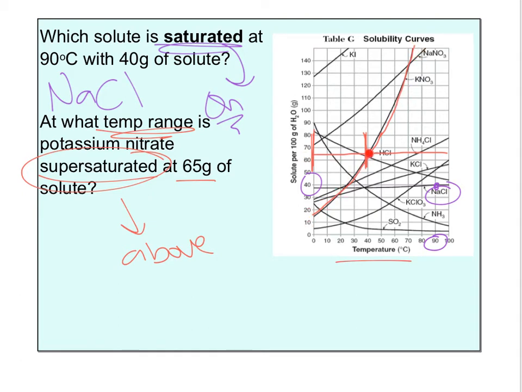Since that is above the line, and that is what supersaturated means, my temperature range would be about 0 degrees Celsius to 40 degrees Celsius. This graph can be a little hard to read. If you thought it was right about 38 or 39, 41, 42, that's fine, as long as you're close to that 40 number in this case.